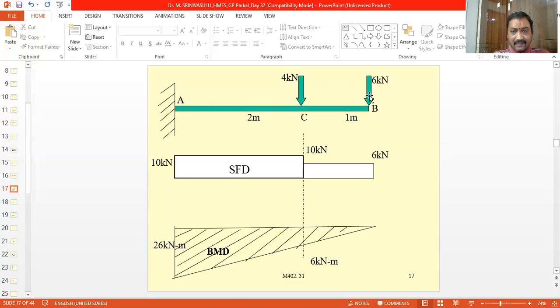If you fix the beam at point A, it is causing a clockwise moment, so it is taken to be negative. So that is minus 6 into 3. The other moment is the 4 kN acting at a distance of 2 meters. This is also acting downwards, so it is causing a clockwise moment to the right of the section. So it is also negative. So minus 4 into 2.